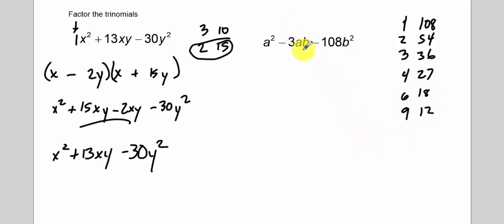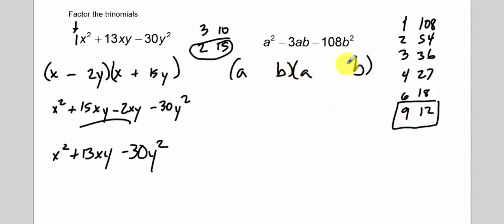I need things that are going to get me 3. Here's a 3. And that's about going to do it. So I'm going to say I lead with A. I finish with B. And I need the 12 to be more negative than the 9. So I'm going to go minus 12 plus 9.